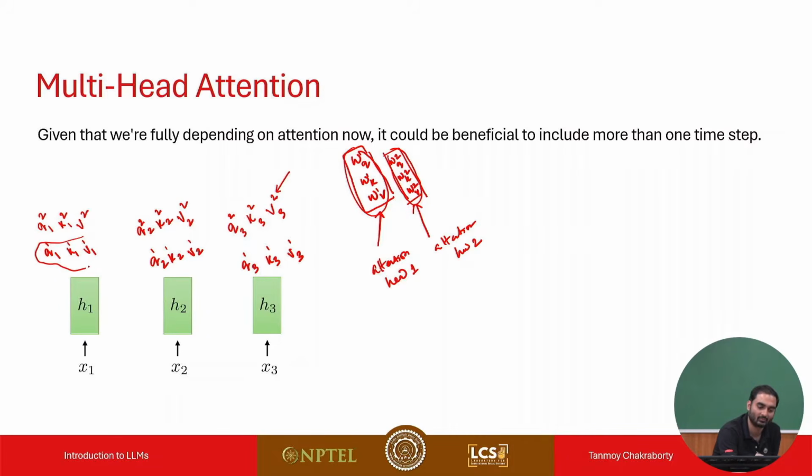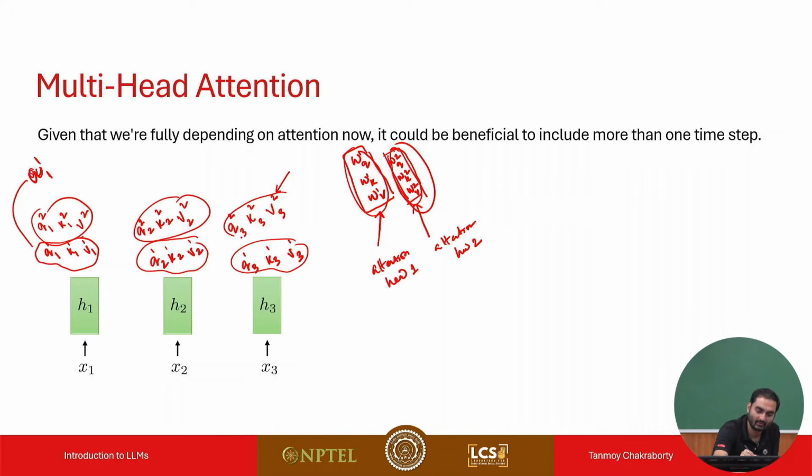Through attention head 1, you process all these things the way we discussed earlier, and it will produce an attention vector, let's say A11. Processing the others produces A12, A21, A22, A31, A32.